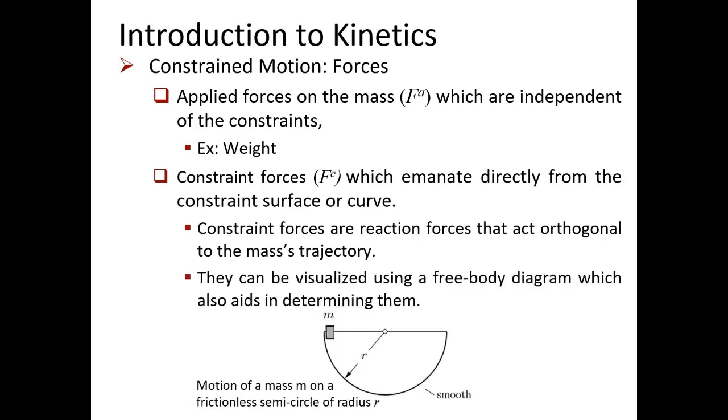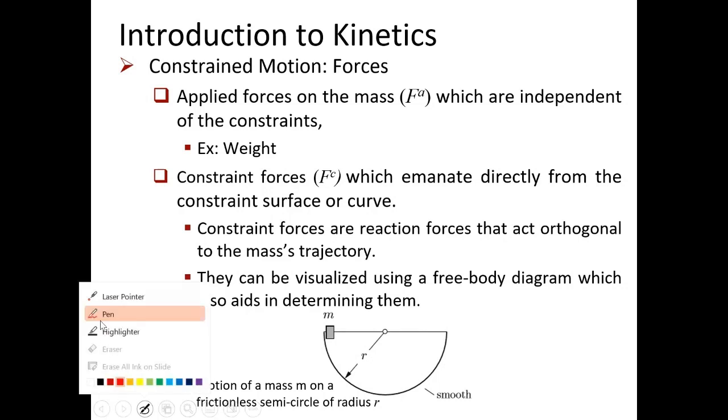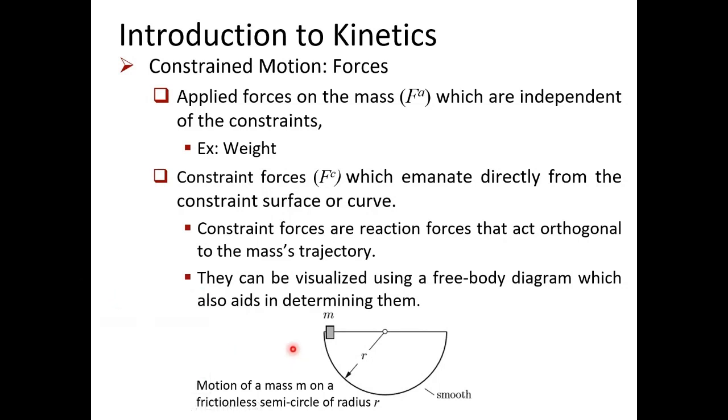So for example, if you want this object to slide on this smooth curved path, then this is a constrained motion. The motion is constrained to move along this curved path. And if that is the case, then there has to be a force applied on this. So what is that force?